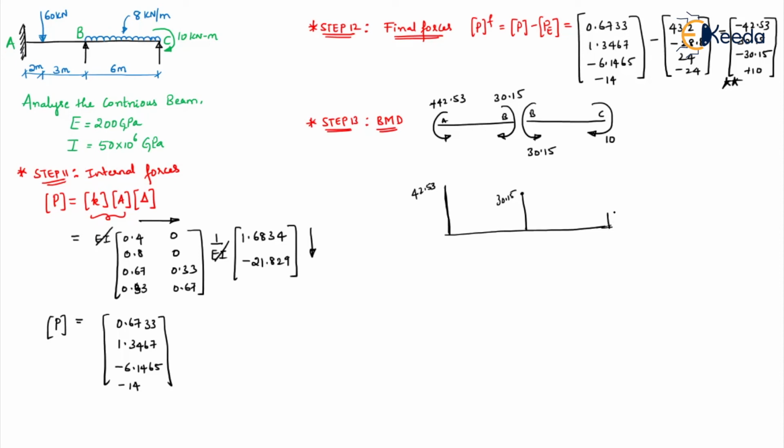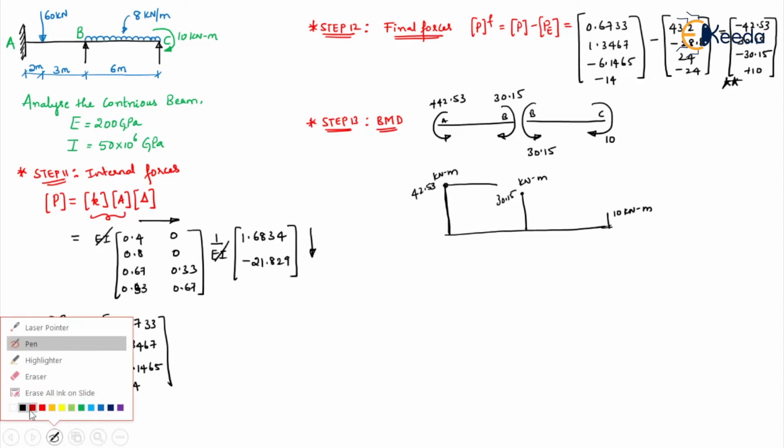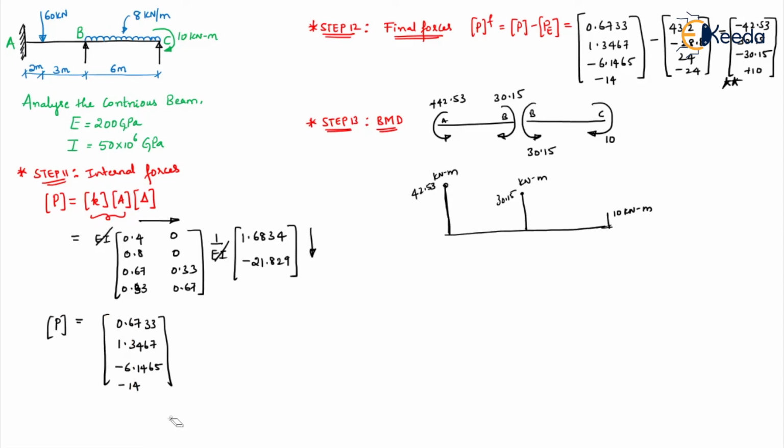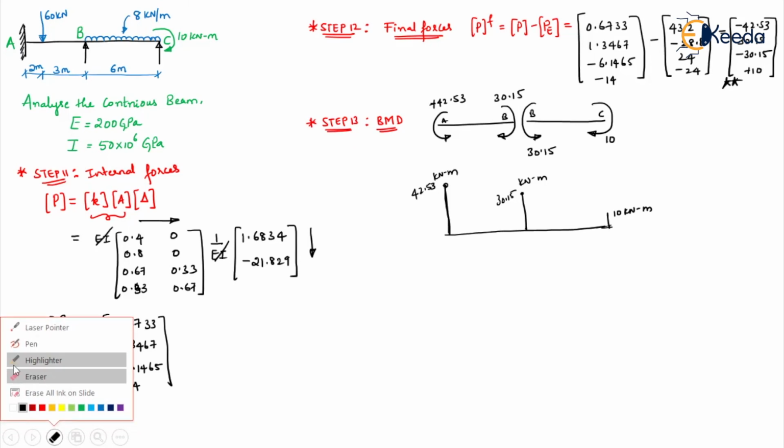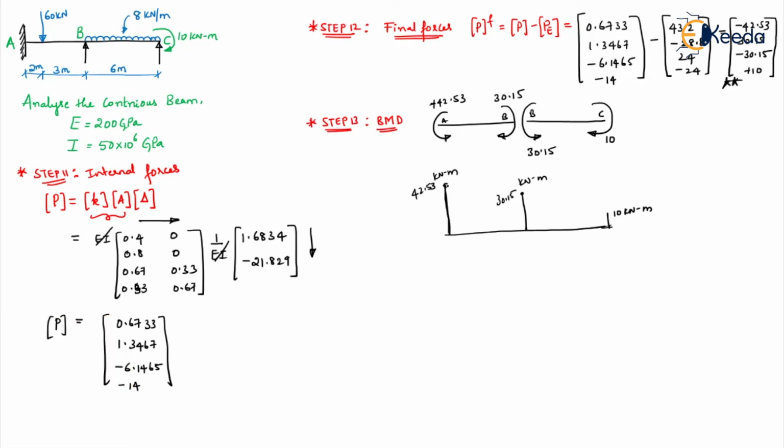Here it is 10 kilonewton meter. So if you want to join, this is how we will be joining it using a linear line. So these are linear lines.